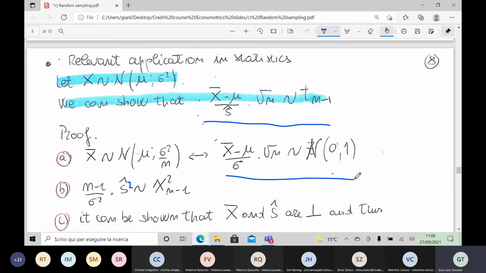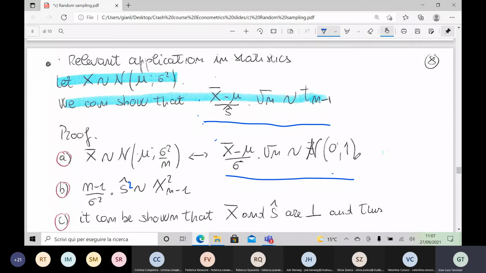This is the sample mean standardized using the true standard deviation sigma of the sample mean, because the true standard deviation of x bar is sigma over square root of n. So if you standardize the sample mean using its true standard deviation, what you get is a standard normal.